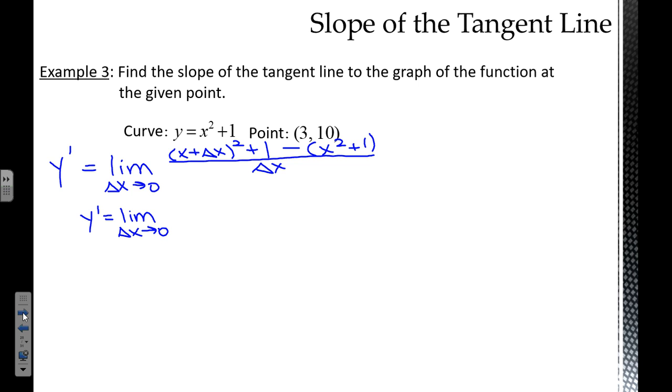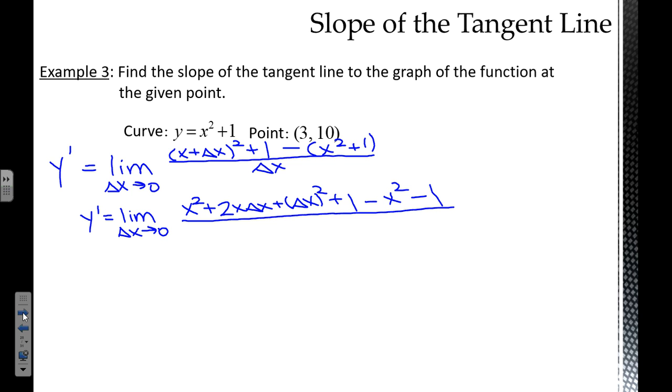Okay, so when we take that binomial squared, we have x squared plus 2x delta x plus delta x squared plus 1. Then we are going to subtract x squared plus 1.